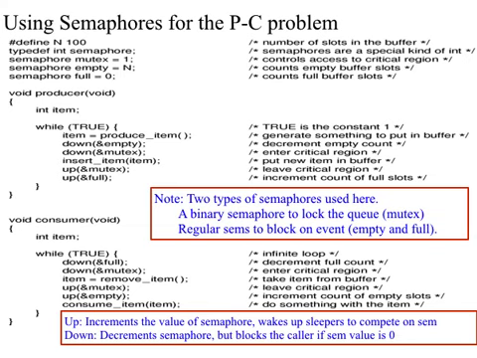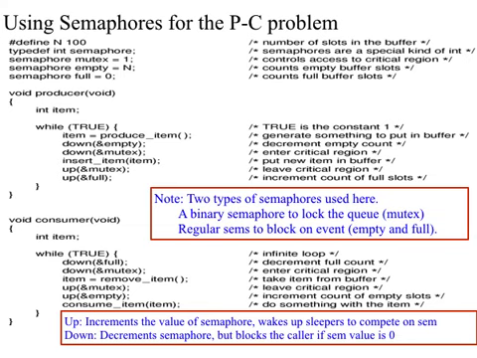So here's a pseudocode for the producer-consumer problem. Here we have two routines, producer and consumer. The structure of the two routines is very similar, except that the operations are in slightly complementary order. So how do we solve the producer-consumer problem?